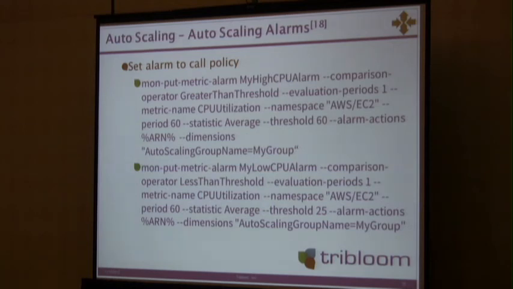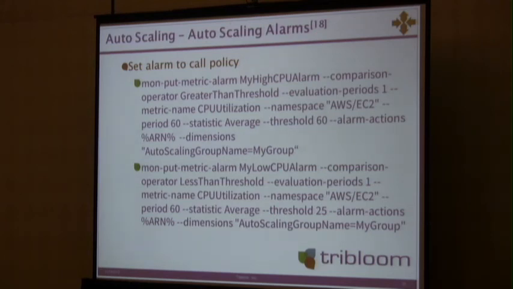You can choose to have more than one evaluation period. Maybe you need to have high CPU for 10 minutes before you scale. Maybe you don't. Maybe you just want to scale as soon as it hits high CPU. So again, we're using CPU with the CPU utilization metric. The namespace, this is something that is specific to CloudWatch. We use the AWS EC2 string there for the metric.